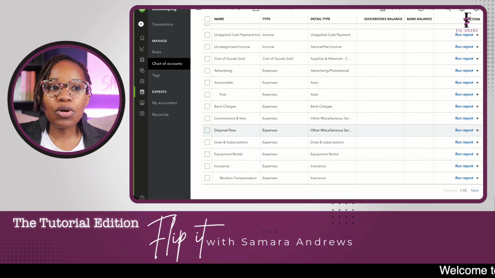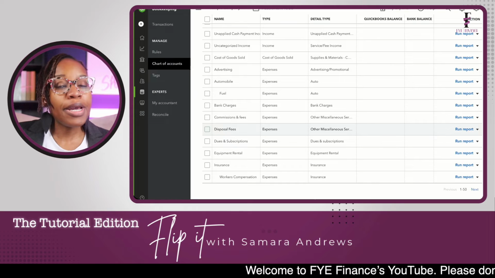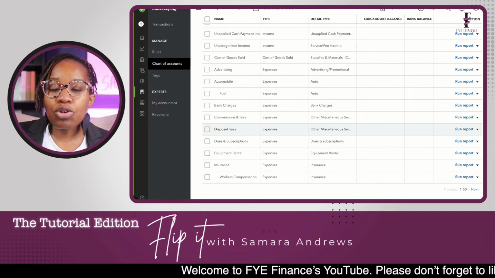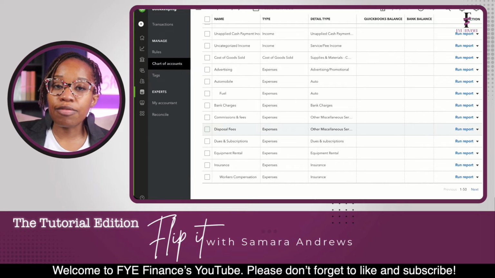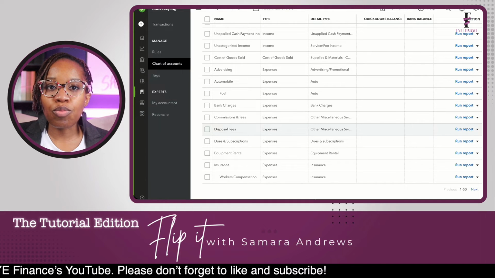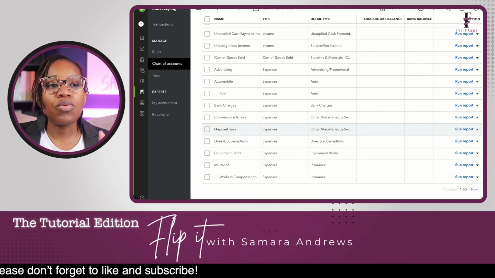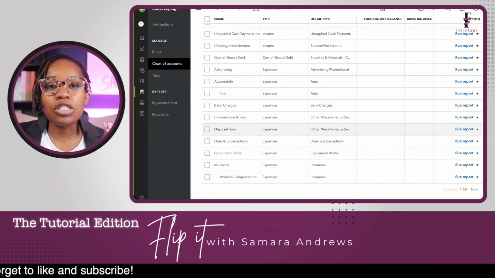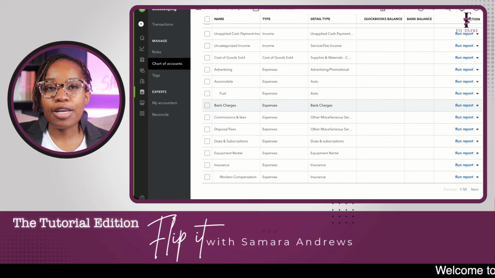Because you want to make sure, again, that you have good, accurate financial statements when you are presenting this to a bank for a loan or an investor, or when you're presenting this to your tax preparer at the end of the year and they're going to use it to calculate your taxes, or if you're trying to work with a professional to make sure your taxes are calculated properly every quarter. Okay, you want to make sure that you have good, solid data going into each one of these accounts so that they are being reflected properly on your financial statements.